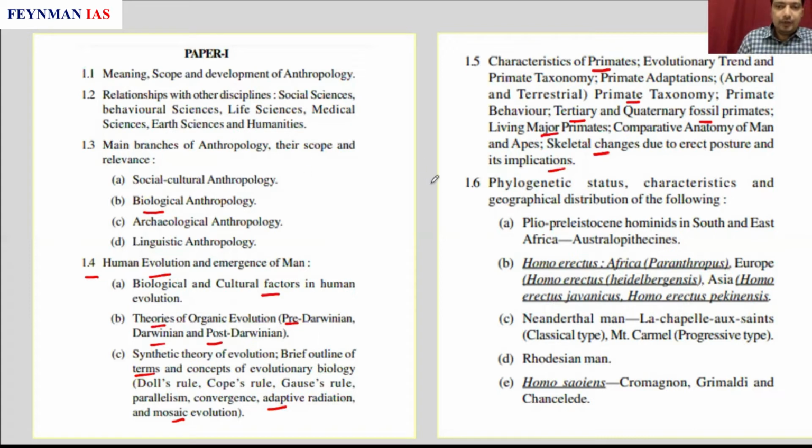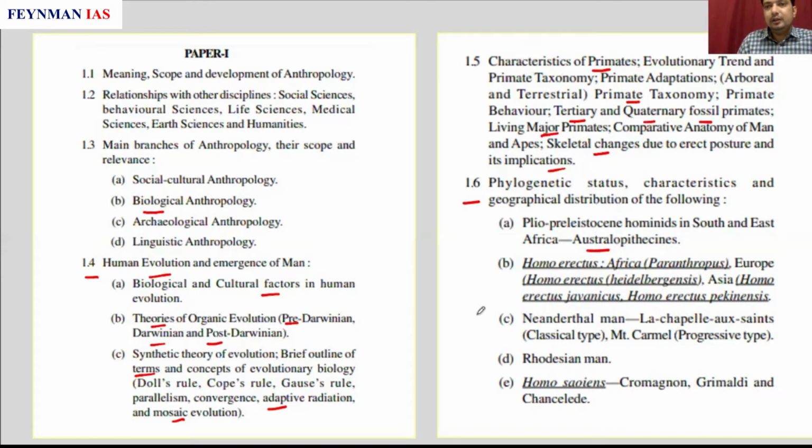Next, we have unit 1.6, where we get into details about the quaternary fossils. So here we have a clear division into events or orders, starting from the less evolved to the more evolved. Those Australopithecines, fossils that were found.